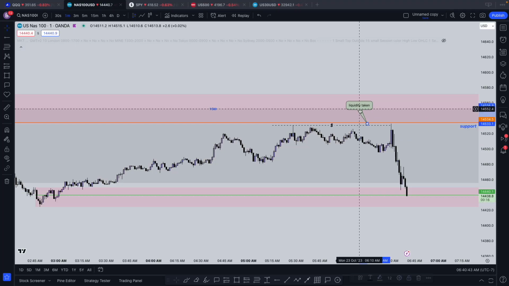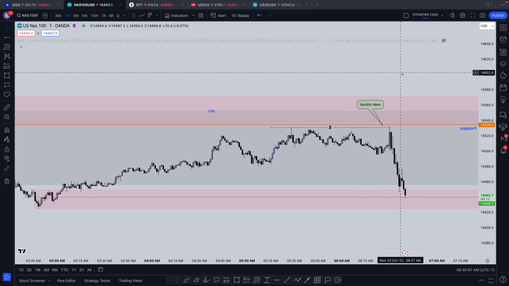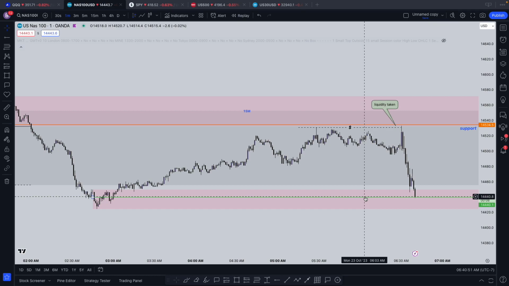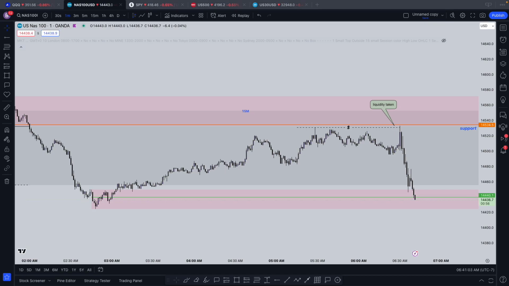I took my entry off this liquidity grab. Now my limit order did not get hit. It was literally at this line, but my MT4 account did not take me out of the trade. I don't know why. So I took my $450 or 440, something like that. 433 actually, to be exact.